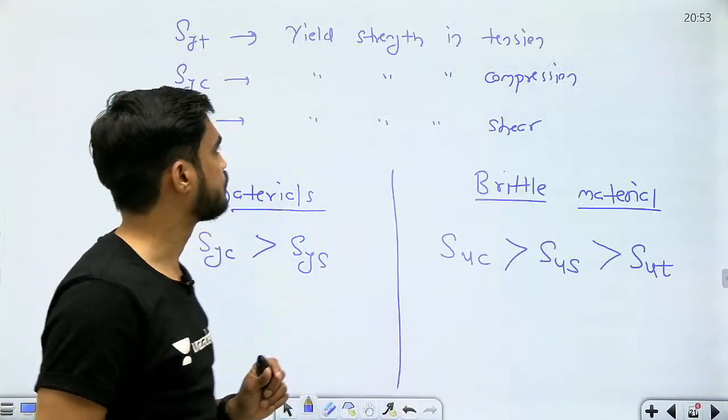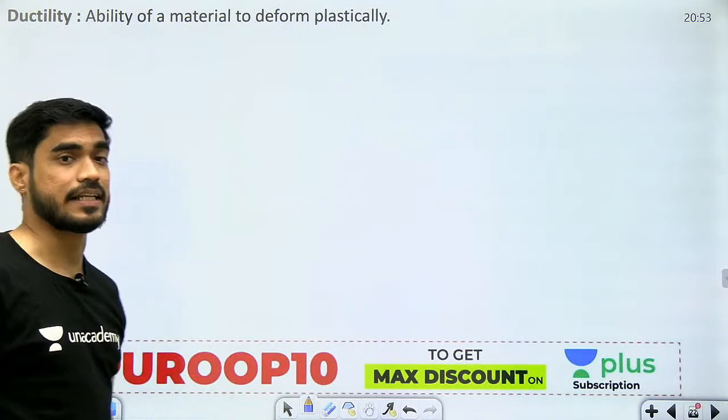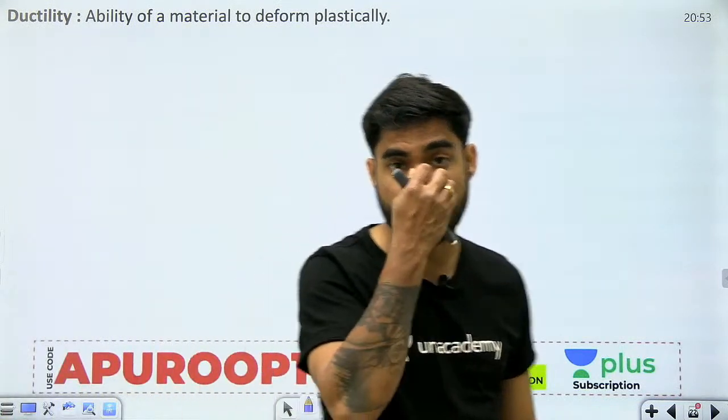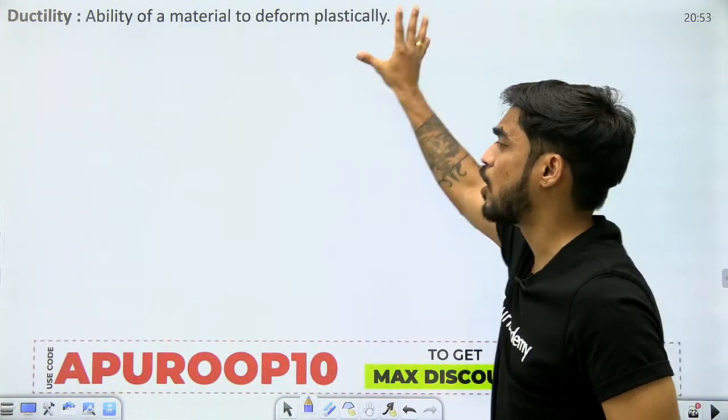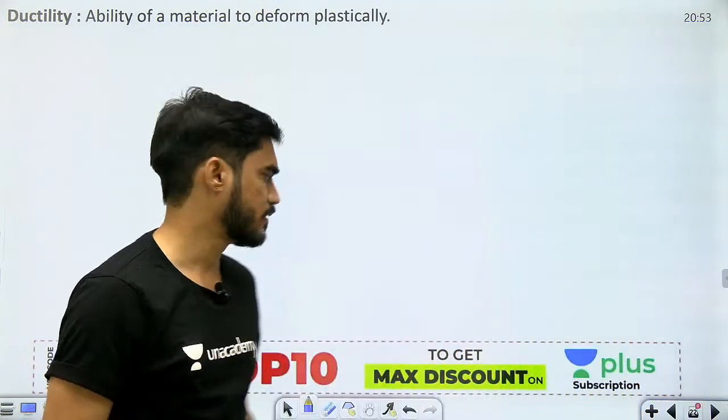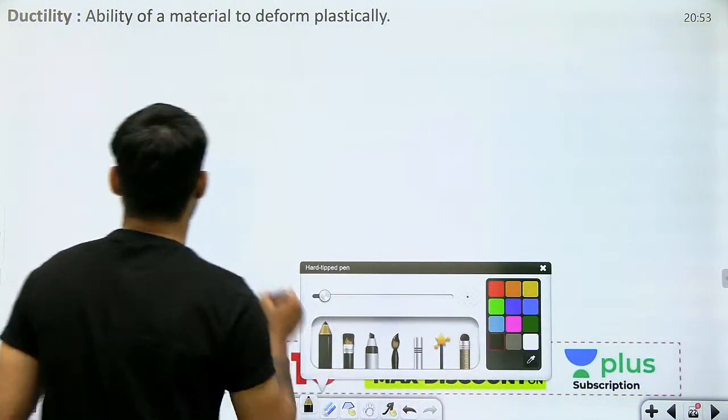Okay, now ductility. The next property is ductility. What is ductility? It is the ability of a material to deform plastically. Understand? Let's say this is the stress strain curve.